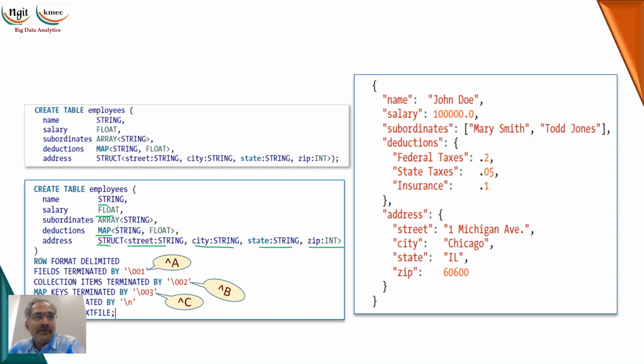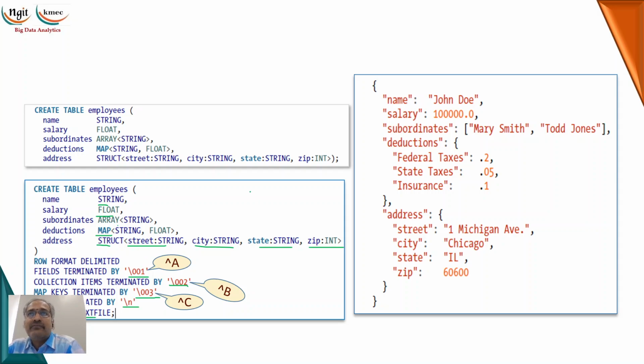Okay, and then row format delimited, and fields terminated by this, and collection items terminated by this, and map keys are terminated by this, lines terminated by backslash n, and stored as text file.